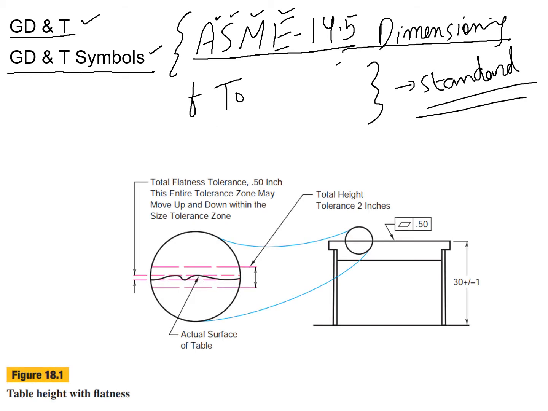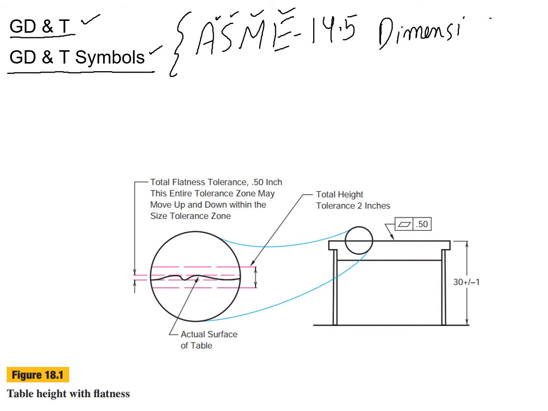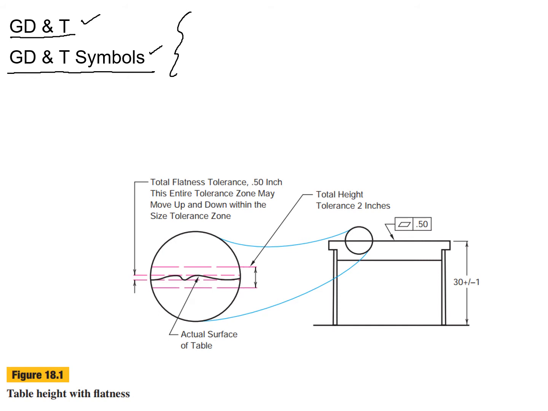Here we have a table, and the height of this table, as you can see, is 30, and the tolerance given for this height is plus minus 1. You are also seeing a note enclosed within two boxes, and this box tells you about the flatness required for this table.